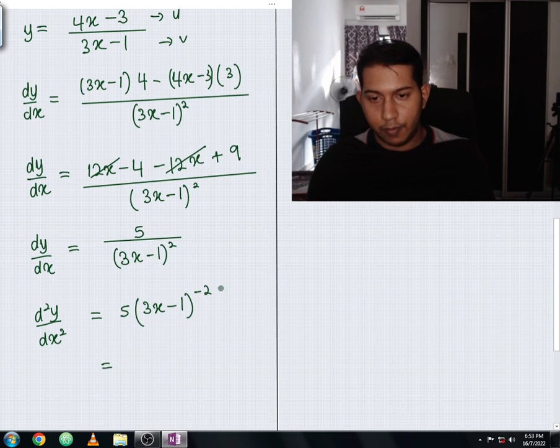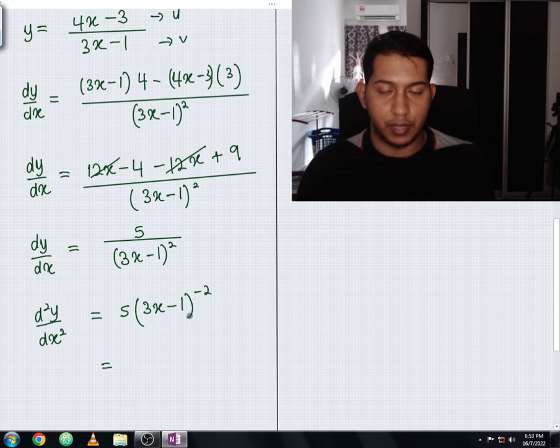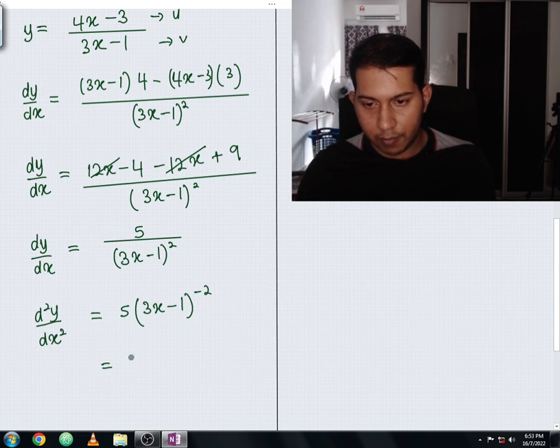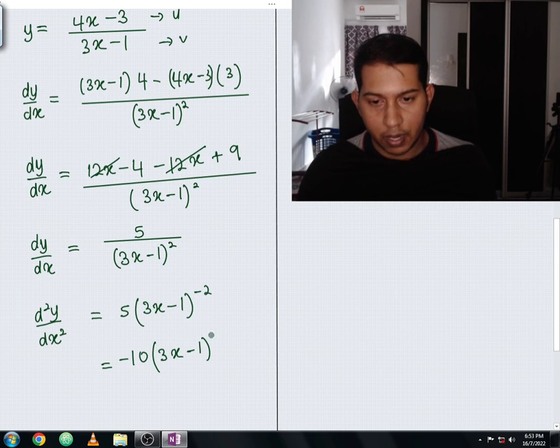Then we're going to apply the differentiation of composite function for this. So negative 2 times 5, you get negative 10, in a bracket (3x - 1), and then the power you minus with 1, so you get negative 3. And then times the differentiation inside the bracket.